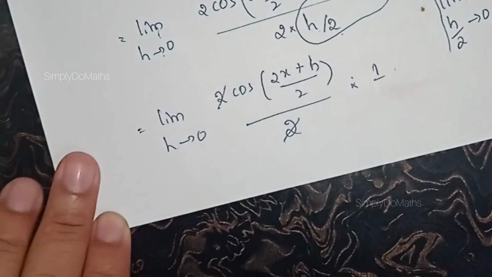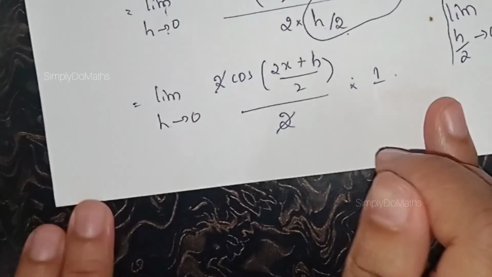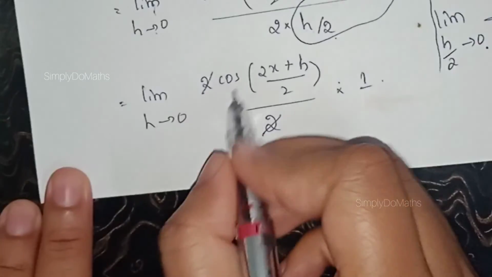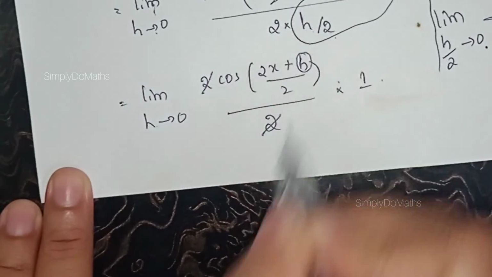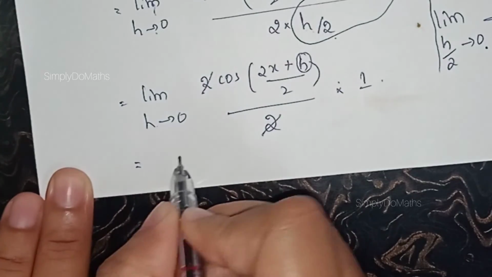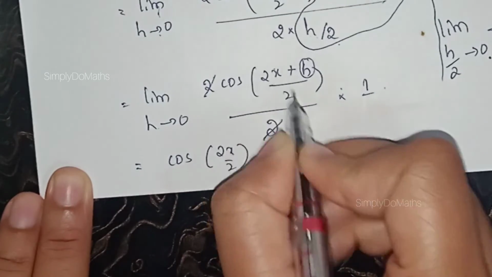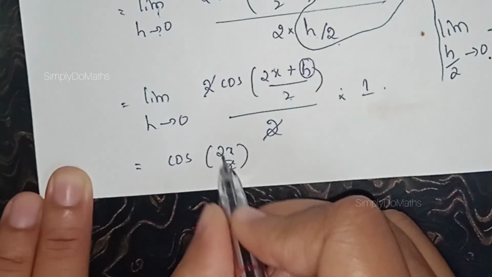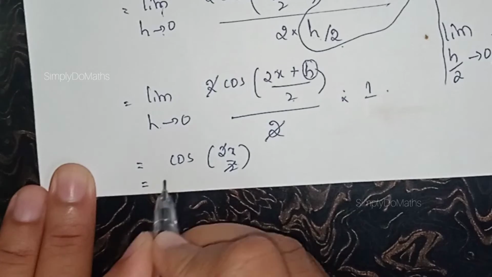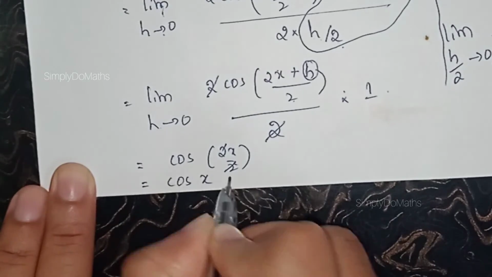So here we can cancel 2 and 2, and whenever we apply the limit h tending to 0, whenever you put the value of h as 0, we are left with cos of 2x by 2. The 2s get cancelled, we are left with cos of x.